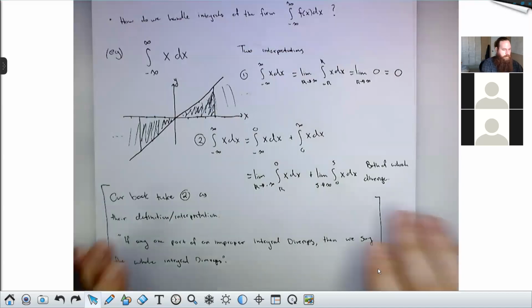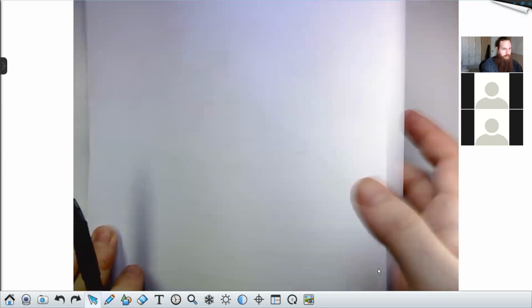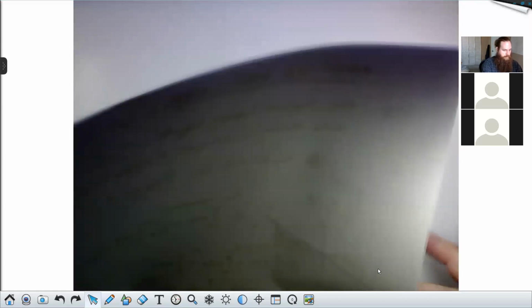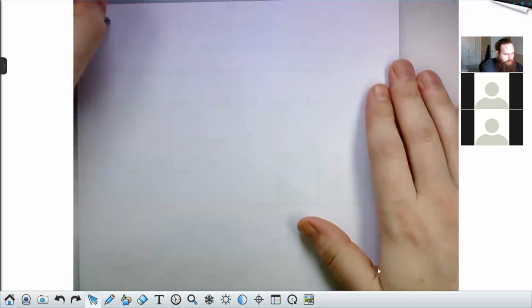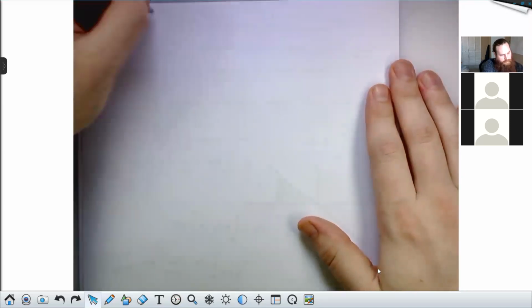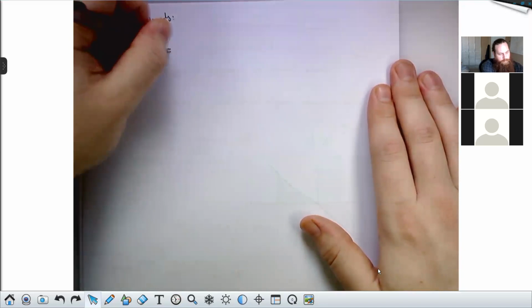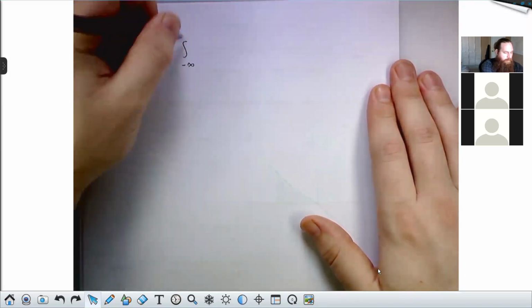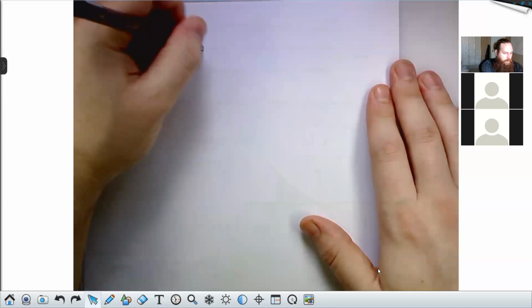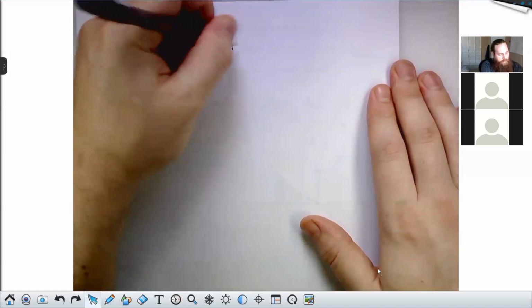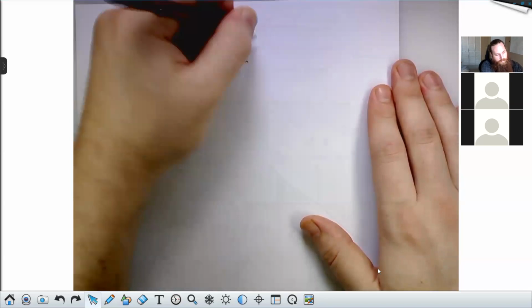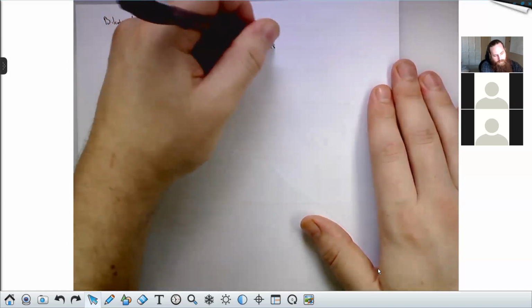All right. So for us, bilateral integrals from negative infinity to infinity of f of x dx will always be split up as the integral from negative infinity to a of f of x dx plus the integral from a to infinity of f of x dx.